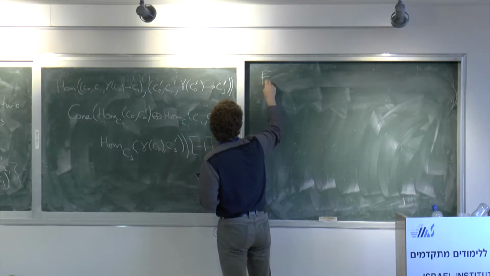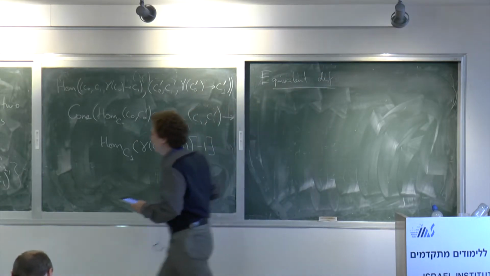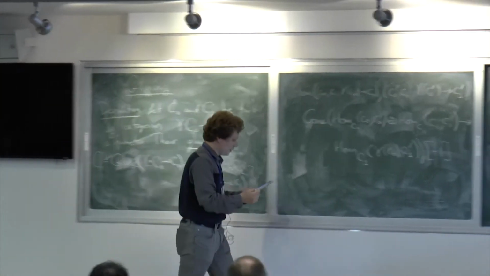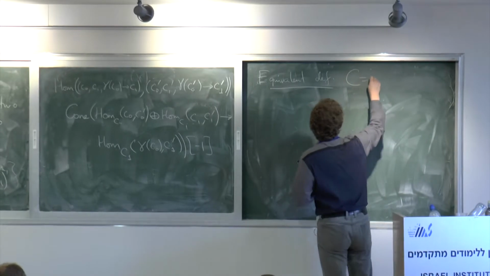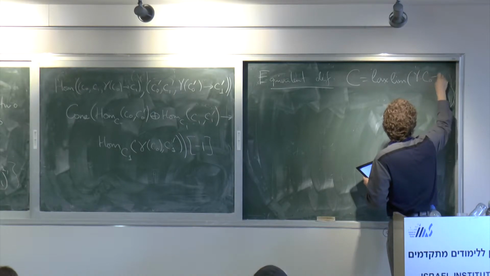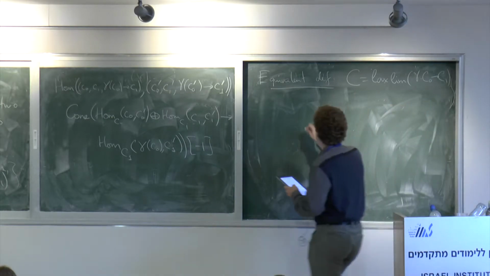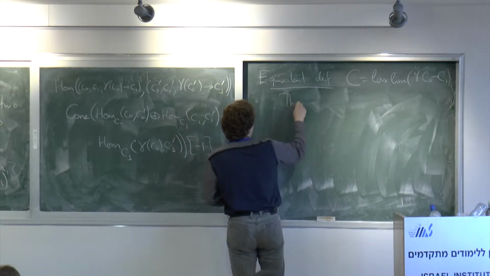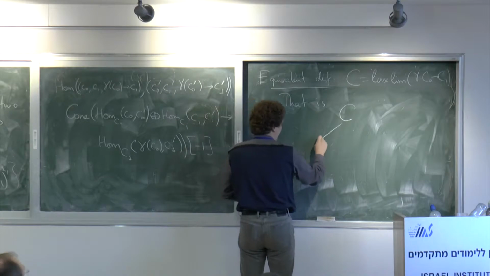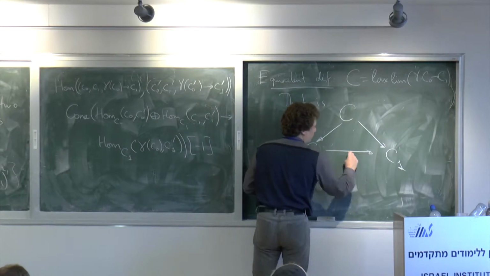So equivalently, I'll just call this C, but there will be no more objects. Now this C is the lax limit of the short diagram gamma from C0 to C1, and by definition, having a lax limit means that there is a functor from C to C0, a functor from C to C1.